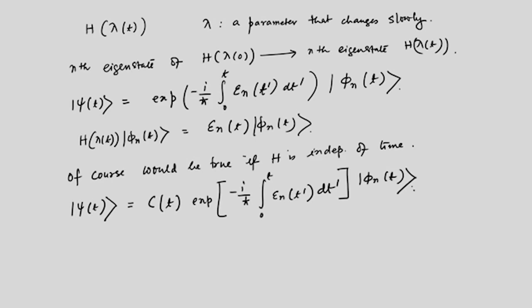Okay. So, as I said, this ansatz would definitely be correct if h is not a function of time, that is h does not evolve with time. But suppose it does, which is the case that is going to be considered by us here, we need a little adjustment in that we add this coefficient which depends on time.